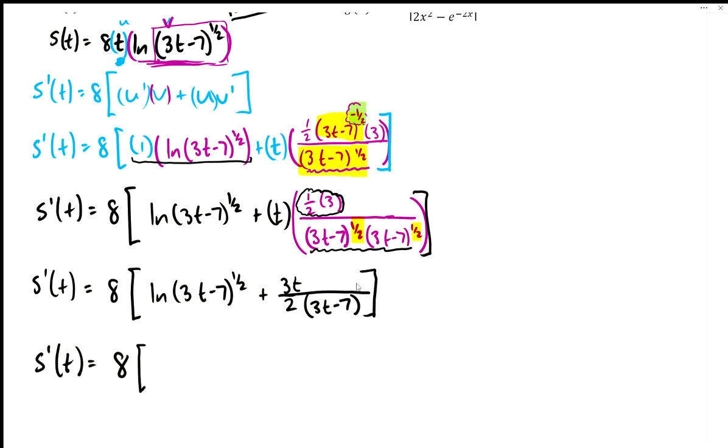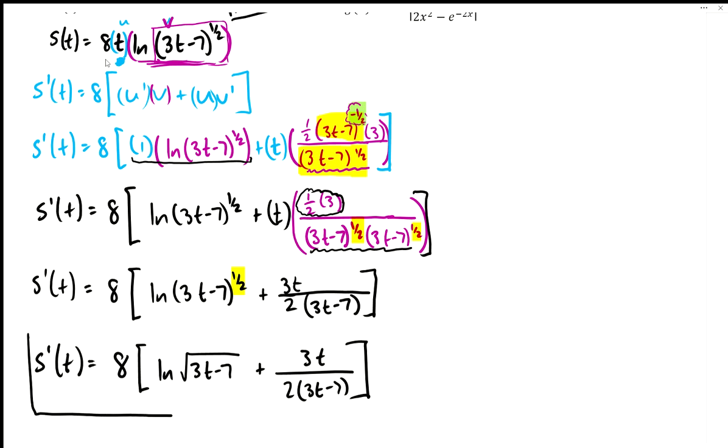I'm going to leave the 8 out. What I'm going to do is rewrite this half power here back to square root. So that way we would have ln of the square root of 3t minus 7, and then plus 3t over 2 times 3t minus 7. Like that. I think that would be fine.